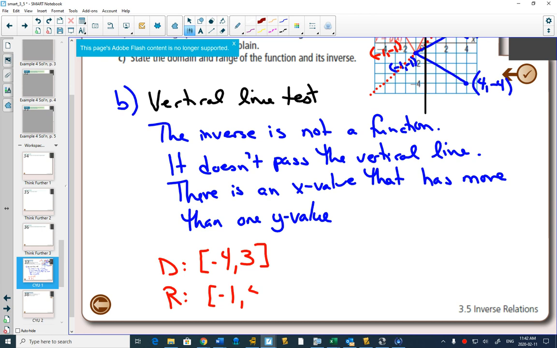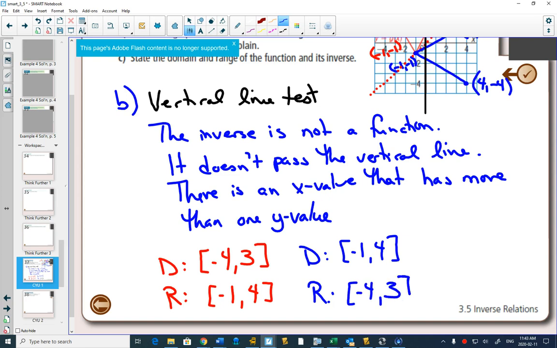So our range goes from -1 to 4. Then on our inverse graph, our domain now has a smallest x value of -1 and a largest x value of +4. Our range, we have a smallest y value of -4 and a largest y value of 3.